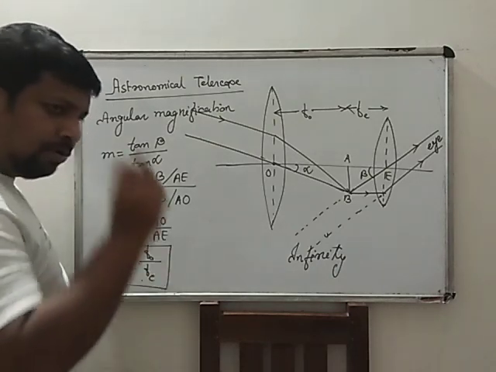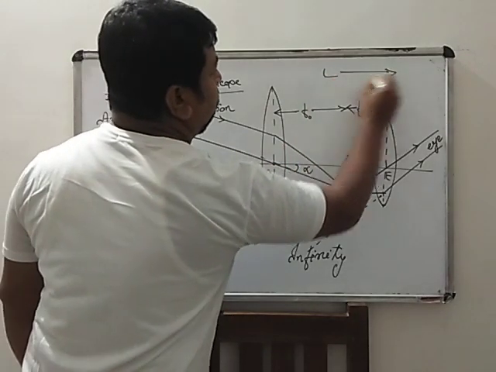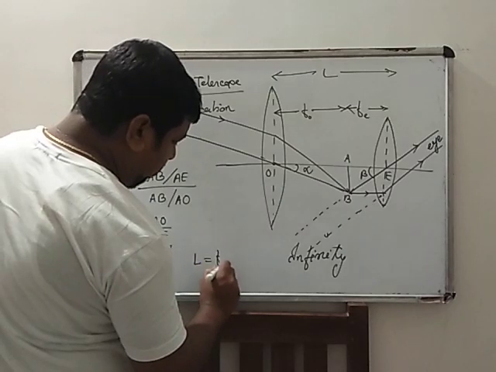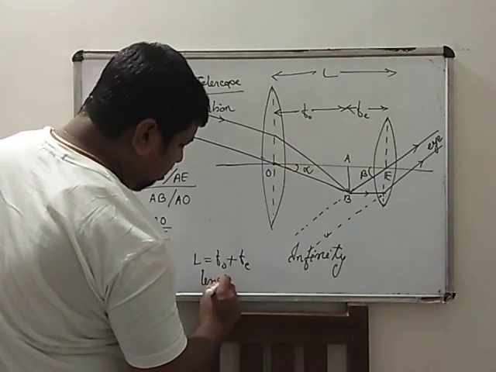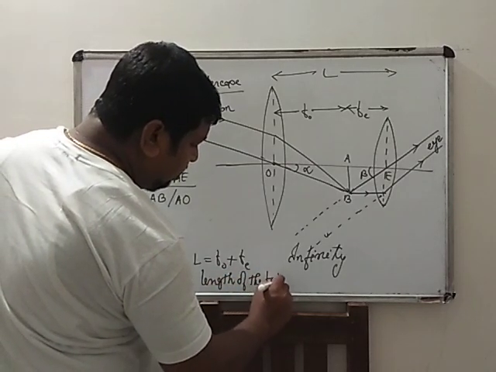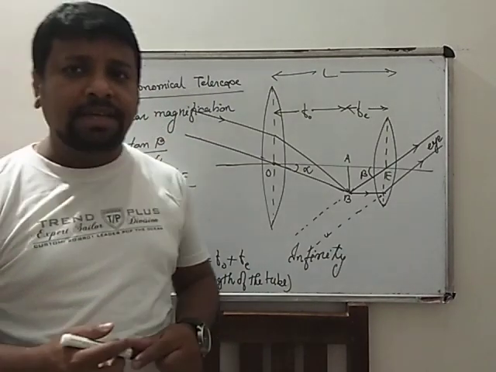In case of normal adjustment, this distance is known as the length of the tube. This is L. L equals F naught plus Fe. Tube means the one in which both the lenses are placed.